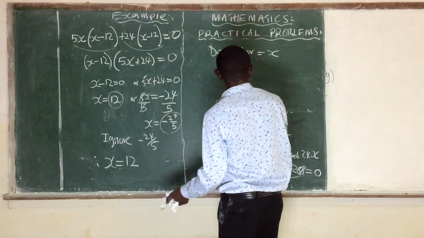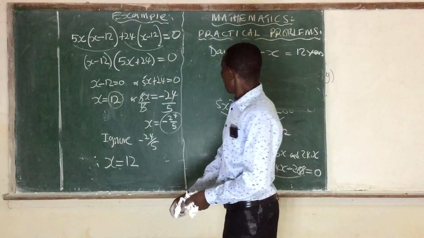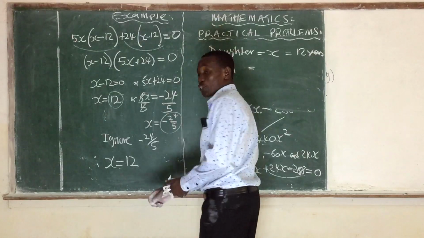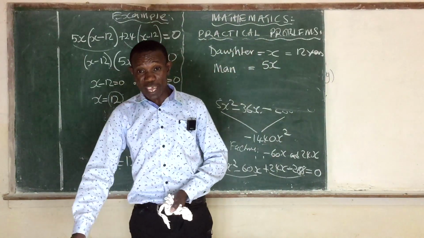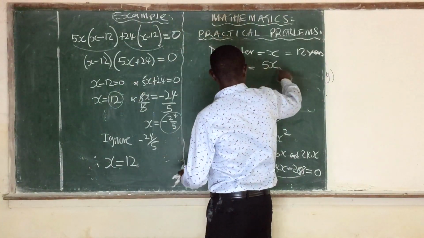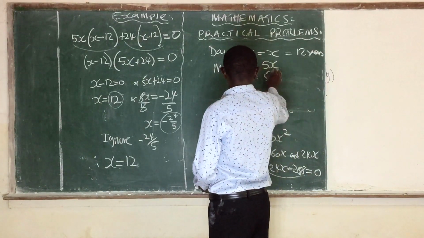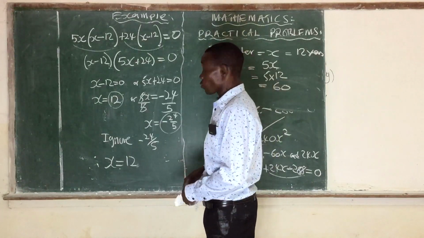So it means the age of the daughter is equal to what? 12 years. And now we talk of the man, in this case, who had the 5x as the expression representing the age. Since now I found that x is equal to 12, wherever there's x, I'm going to substitute for x and write here 5 multiplied by 12, which gives me what? 60. That is the story.